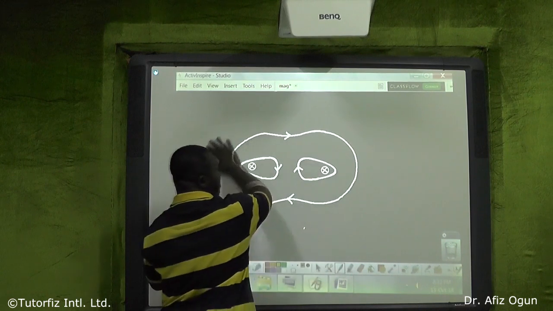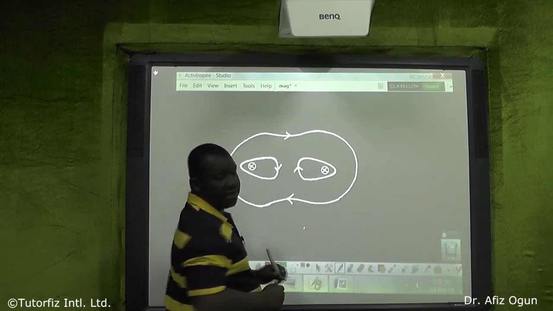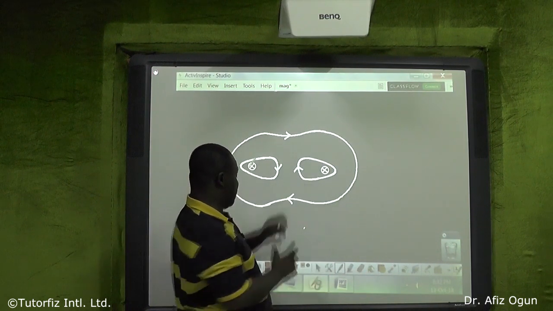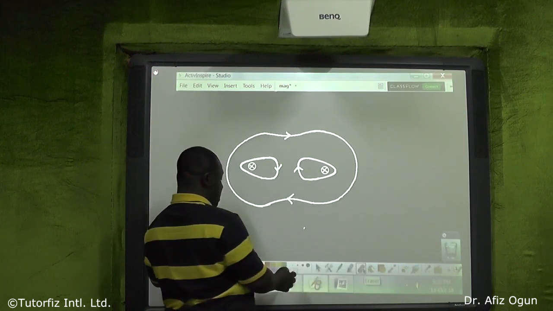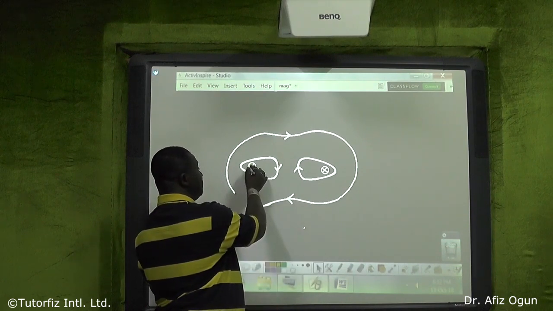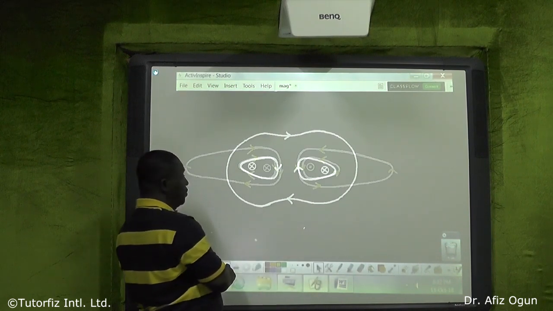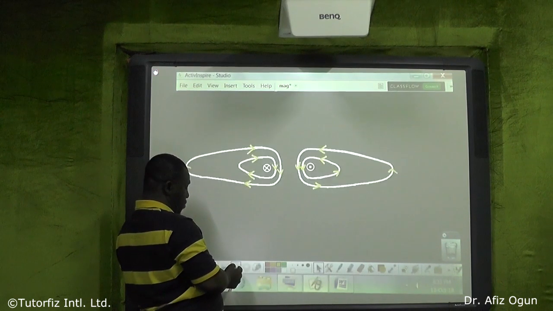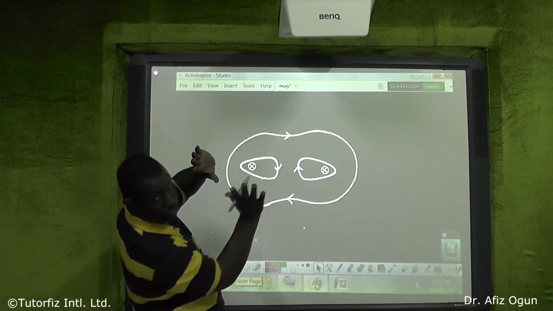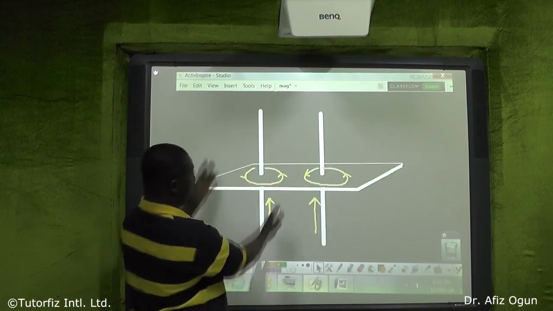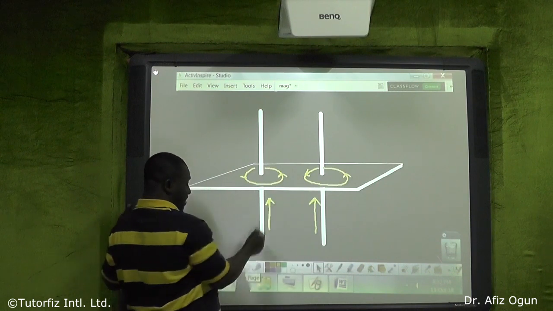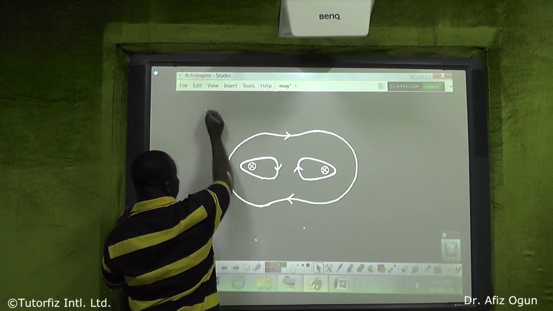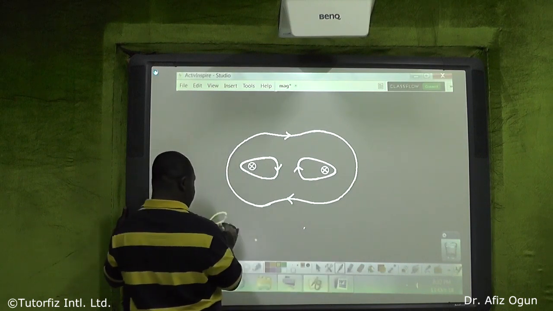Along the plane of my board, there is magnetic field, and this magnetic field has this shape, and that's what we will have here if I turn it to you this way. Wires carrying current in the same direction, this is the shape you have.